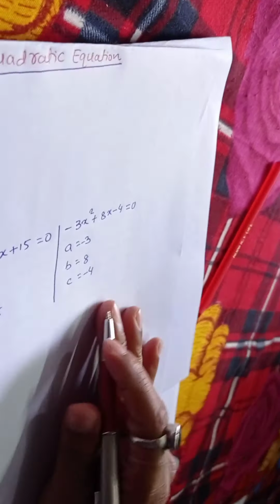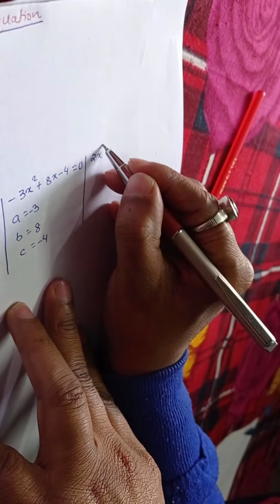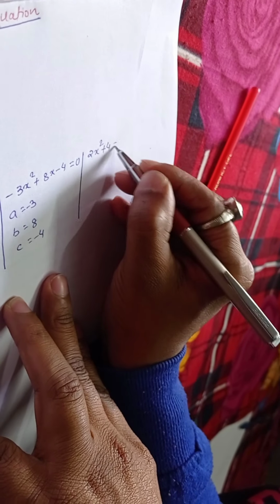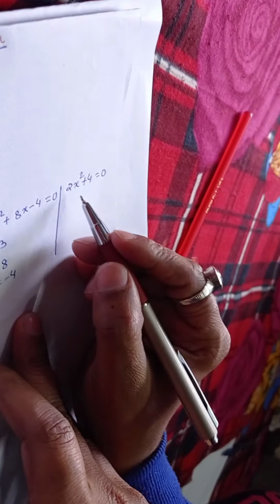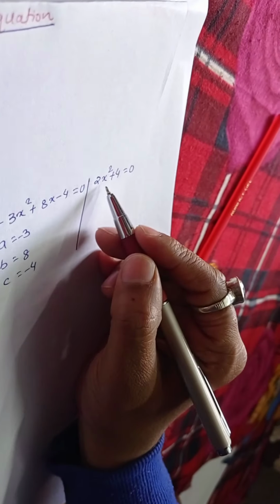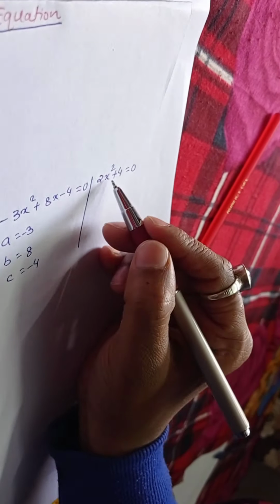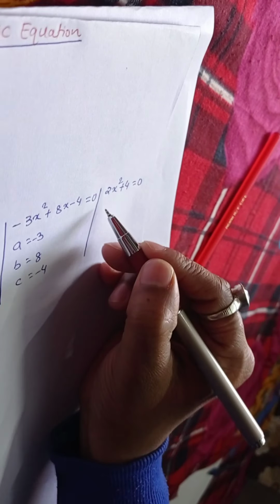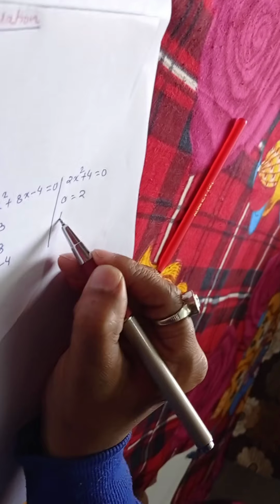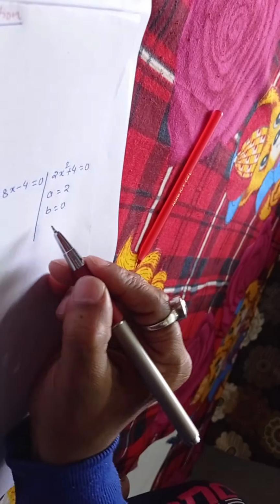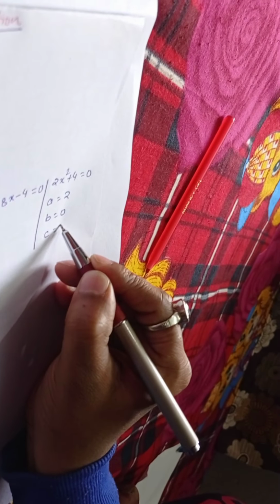Let's take some more examples, like 2x square plus 4 equal to 0. Here the coefficient of x is not available, but this is also a quadratic equation because the degree is 2. Here a is 2, b is not available, it means b is 0, and c is 4.